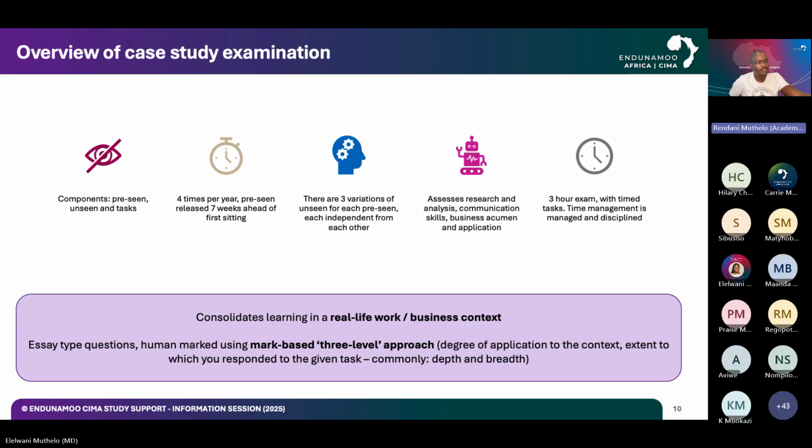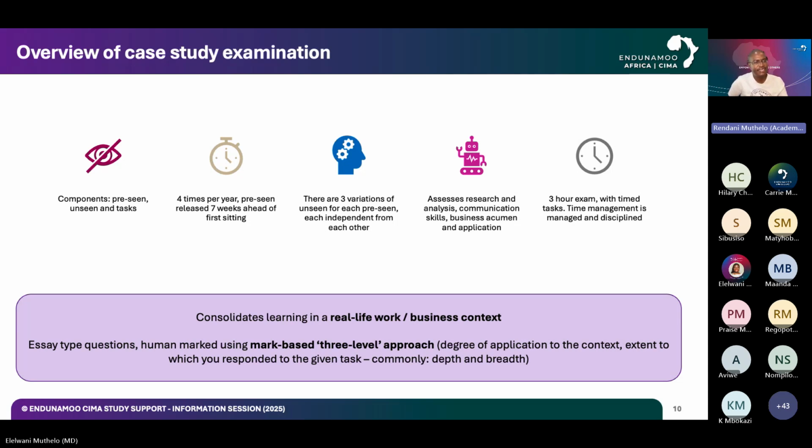Then when you come later in the unseen, they might say that the president of the United States has now imposed these tariffs, and management are worried about the impact on their clients. They need to write a letter. They need to assess the risks that have now materialized. They now need to devise mitigation strategies.